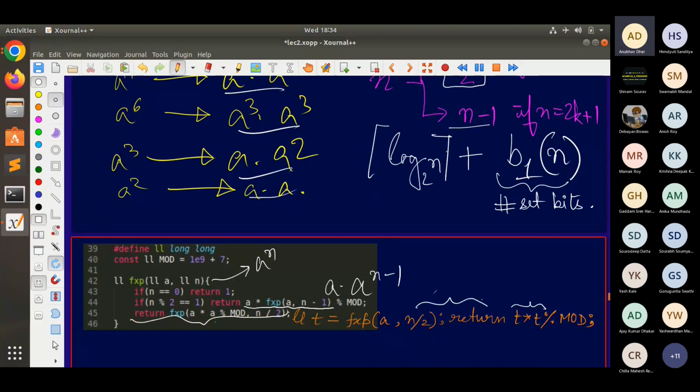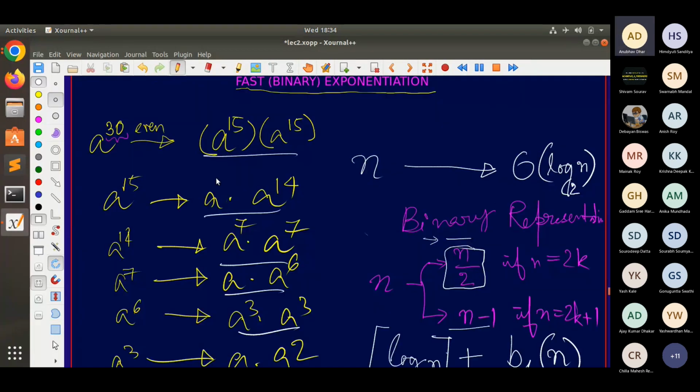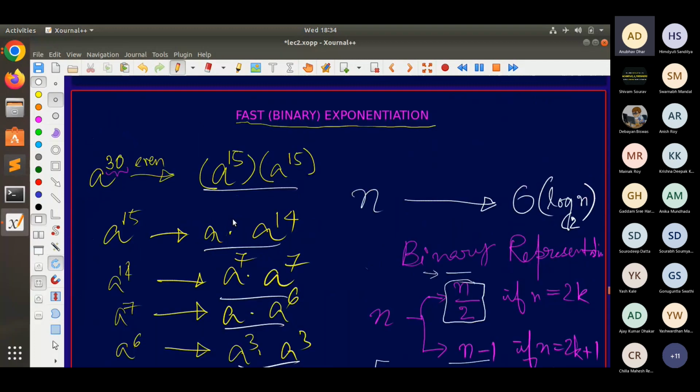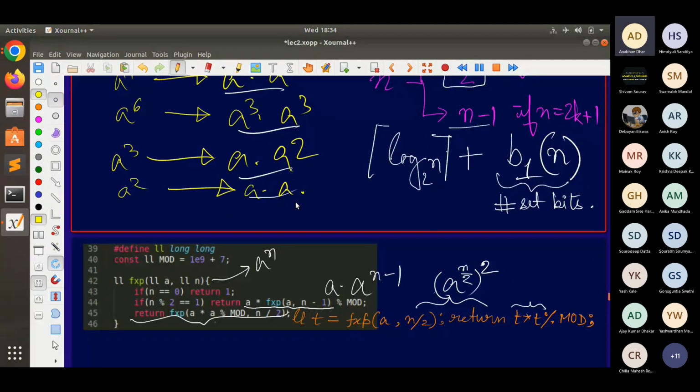Over here you are finding the value of a power n by 2 once, and then multiplying it twice to get a power n. But over here, I'm just using this as a squared, to the power n by 2. So this is a slight variant, but this is also something that works.